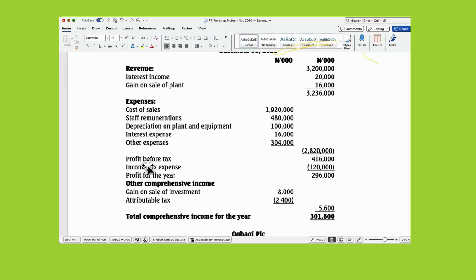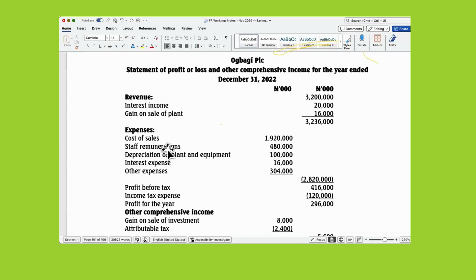One of them is interest income, which I said I will treat in investing. This interest income is 20,000, so what I need is the interest income received. Just as we have been doing, this 20,000 will include the one that you have received and the one that you have not received.